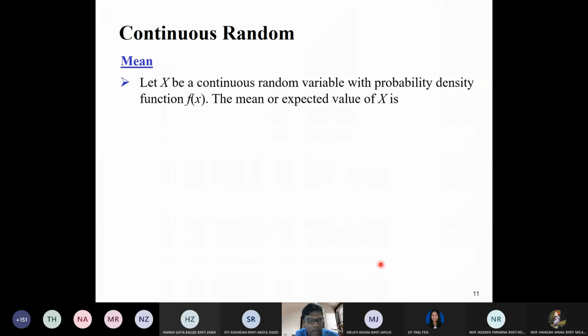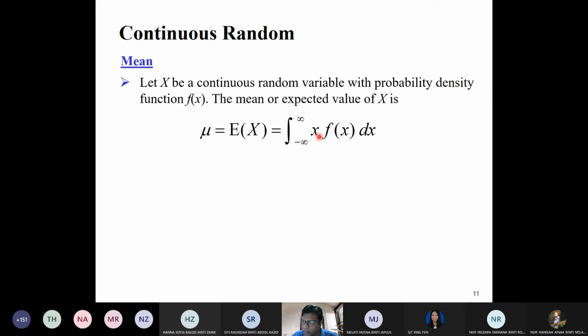As we did in the discrete random variable, in order to calculate the mean value, we have the same for the continuous random variable, but with a different formula. The formula to calculate mu, the mean value, is equal to the integration from -infinity to infinity of x times f(x).